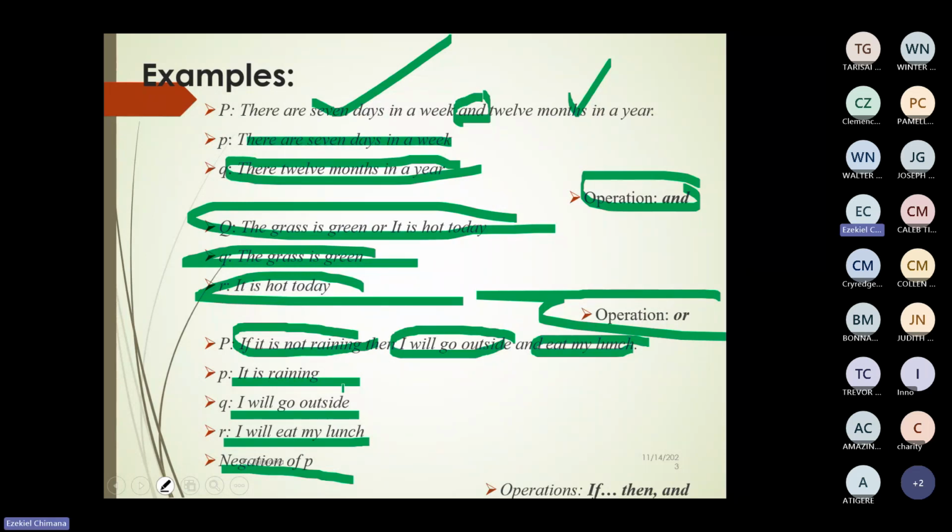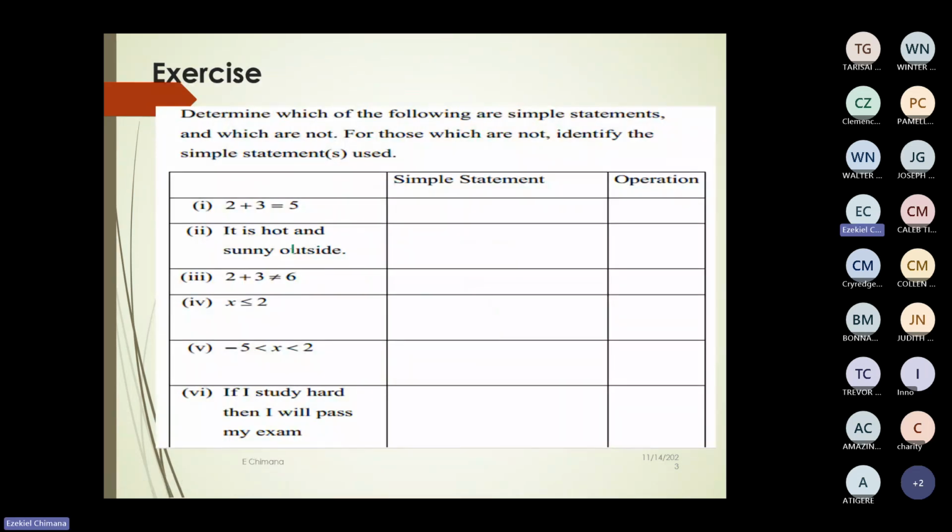It was saying it is raining, then we are saying it is not raining, so this "not" is the negation of the statement. So if it is not raining, then I will go outside; in other words, this statement implies this one, and eat my lunch. That's how you connect simple statements to make a compound statement.